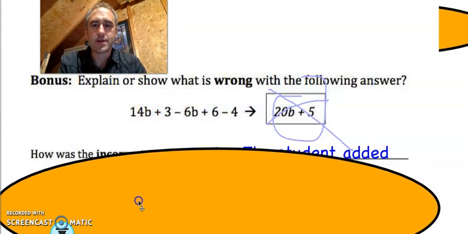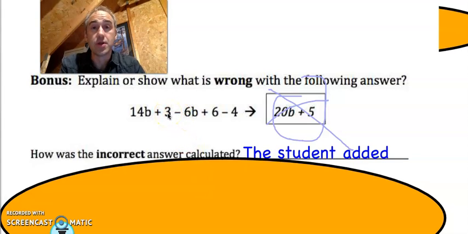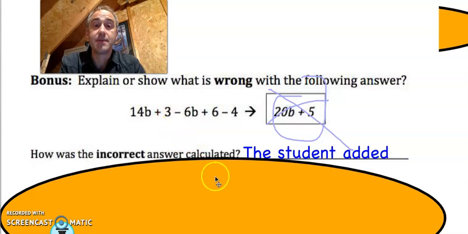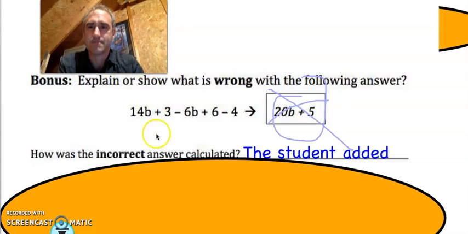When you get your correct answer, you could put it here where it says, how is it incorrect? And then describe how it's incorrect. If nothing else, just tell us what the correct answer is. If you can figure out where they went wrong, and it's usually a common mistake, then please tell us what that is. But no matter what, do the bonus.